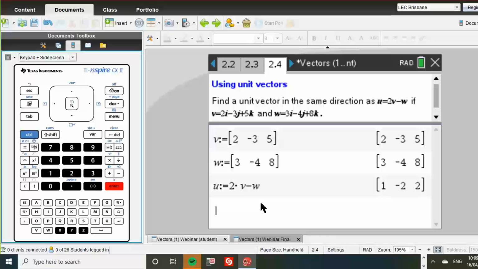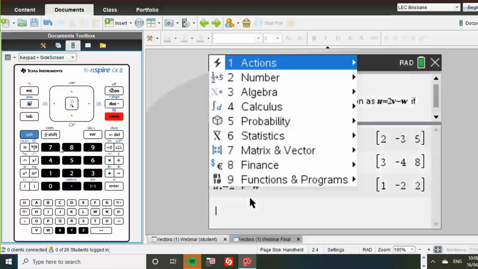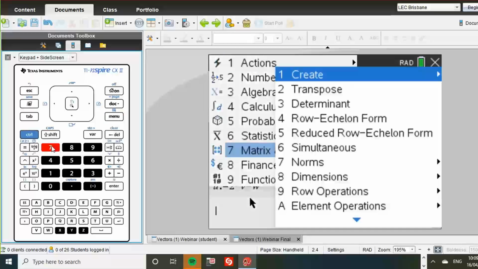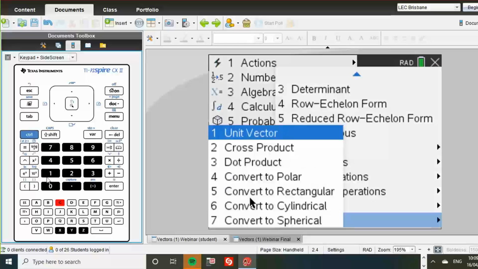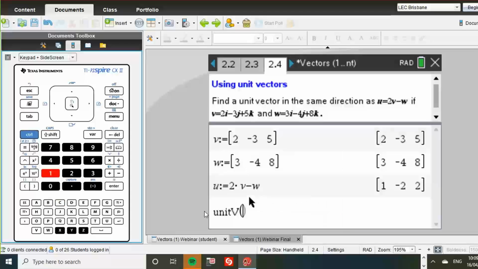Now, if we want to find a unit vector in that direction, we press menu, 7 for matrix and vector, then C for vector operations, and then 1 or enter for unit vector. Notice that it comes up as unitV. That's the last time I'm going to show you how to do that through the menu.